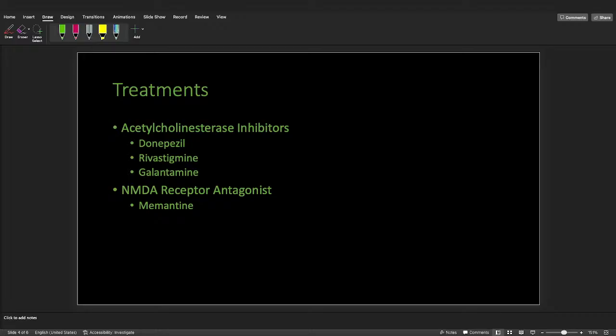Now, in understanding of these medications, you can probably break it down in your own ways.